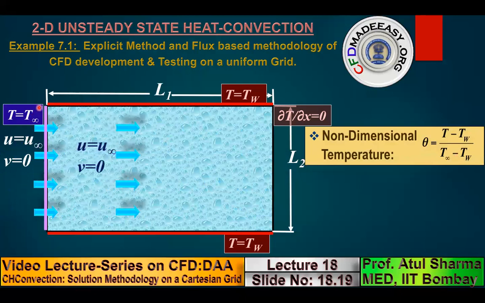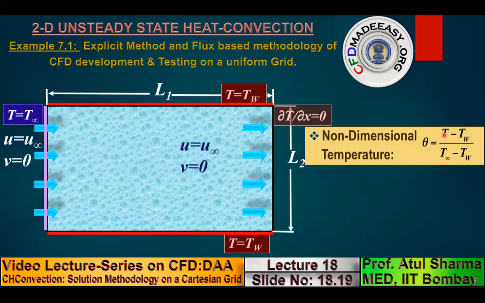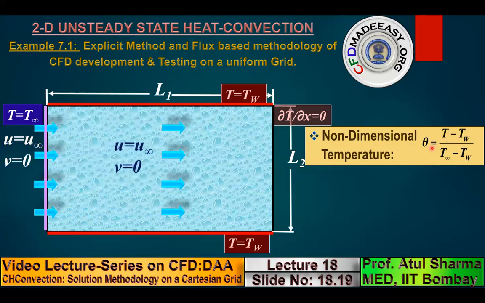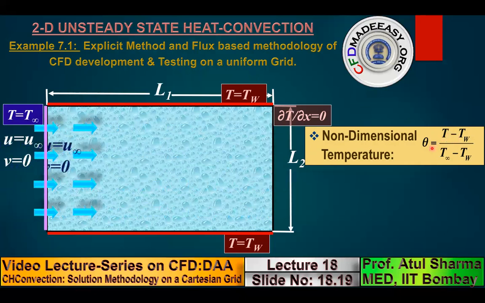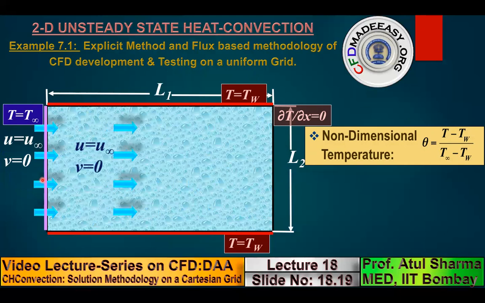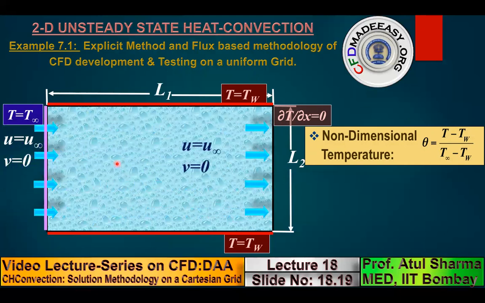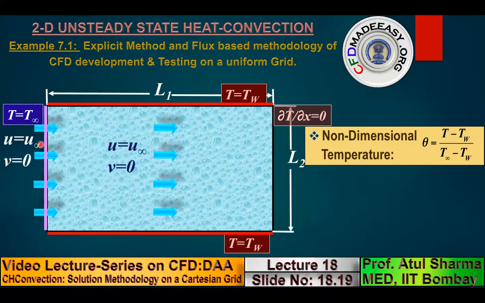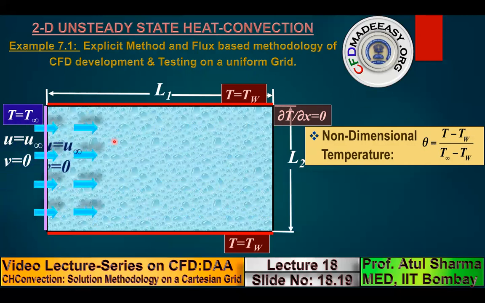So the theta value on the left boundary is 1, whereas if T is Tw on the top and bottom wall, then theta is equal to 0. So we'll solve this problem considering the bottom and top walls, which are heated walls, theta is 0, and at the inlet, theta is equal to 1. And the velocity all over the domain is u equals u infinity, v equals 0 as shown here.